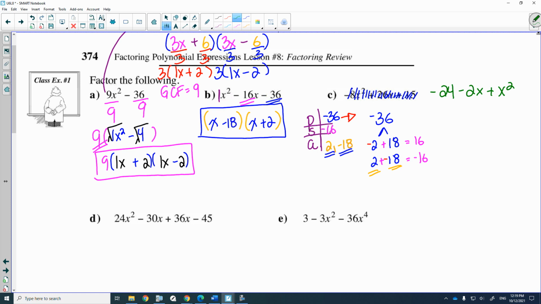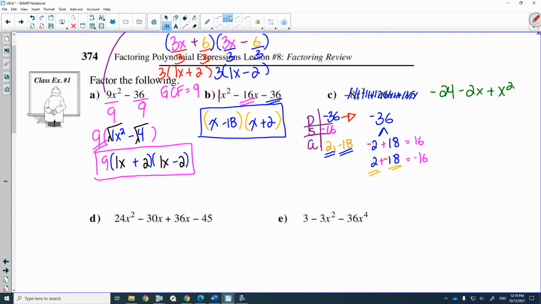So two people know. So Ainsley and Tristan, Nicole, Angel, Evan. Evan, what would you do? Yeah, not flip it. You would rewrite it in descending order of x. So if you see this, you just say, okay, we've never factored it looking like this with the constant first.